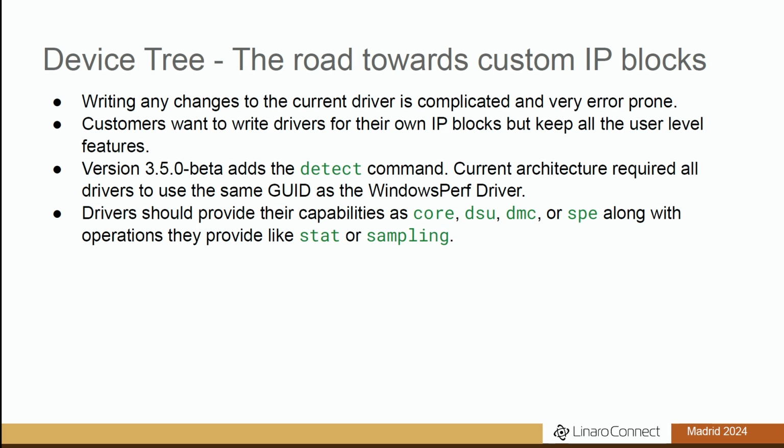And all they have to do is use the same GUID that WindowsPerf uses. Right now, we already have the tech command, so we are very early on this, but the prototype seems to be working, at least the idea.